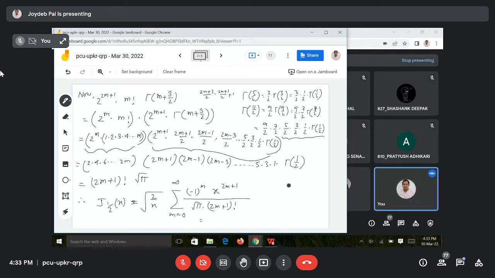For example, I can write simply that root pi, you can take this outside the summation, and it will be root 2 by pi x, and the rest of the series is sin x.